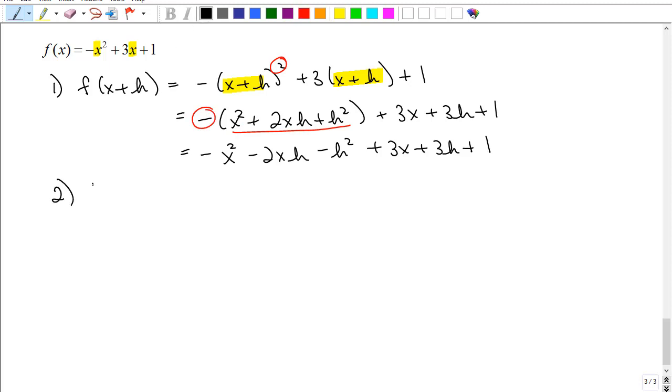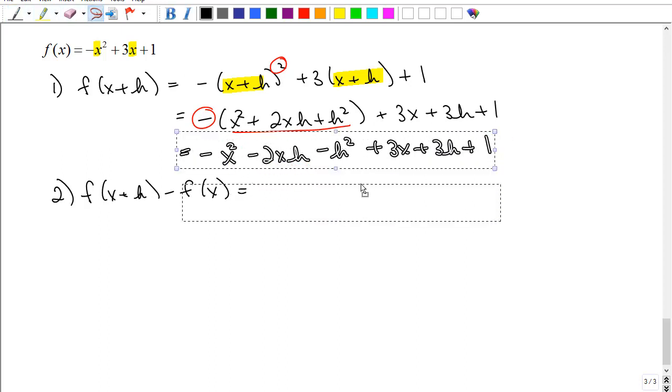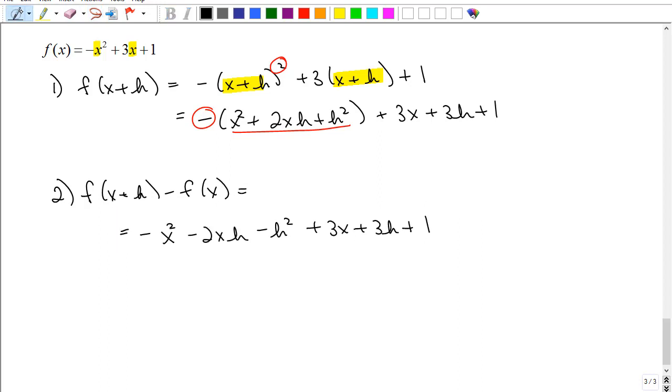Okay, the second step is to subtract your original function. So I'm going to take that result and I'm going to subtract my original function.